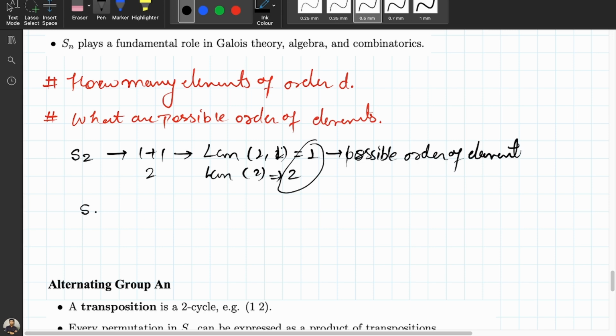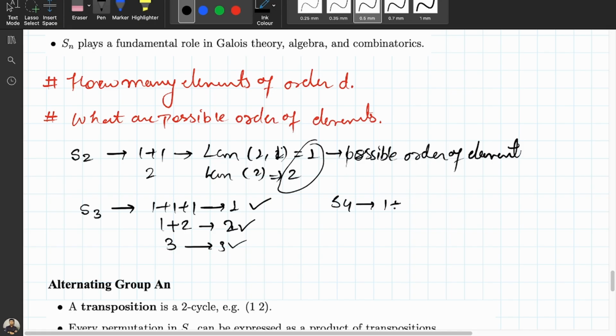In S3, 1 plus 1 plus 1 means order 1, 1 plus 2 means order 2, 3 means order 3. One order element will be there, two order element will be there, three order element will be there.